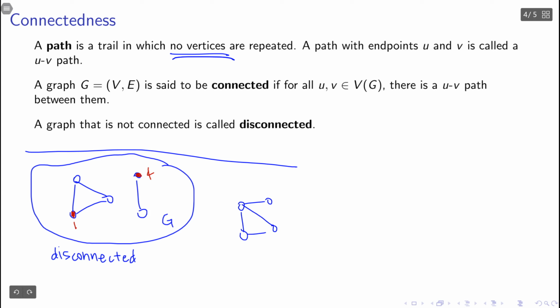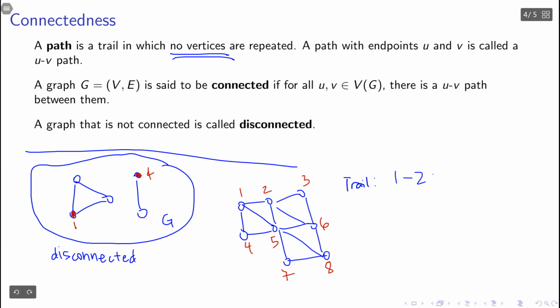Just to make that distinction clear here, I'm going to draw something. Okay, something like this maybe: 1, 2, 3, 4, 5, 6, 7, and 8. So I could say that we have a trail 1, 2, 5, 8, 7, 5, 4.